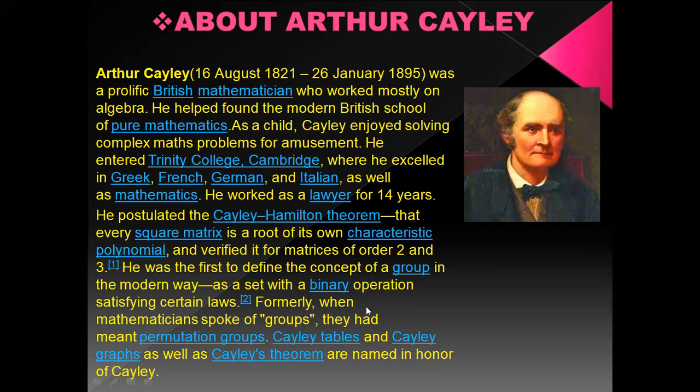Formerly, when mathematicians spoke of groups, they had meant permutation groups. Cayley tables and Cayley graphs, as well as Cayley's theorem, are named in honor of Cayley. So this is all about our great mathematician Arthur Cayley, who was a part of finding the Cayley-Hamilton theorem.